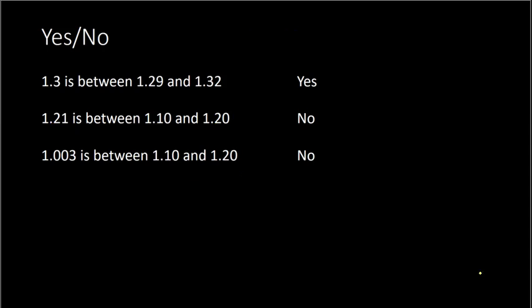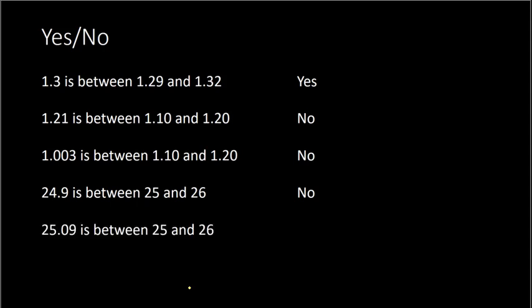Next, we're asked if 24.9 is between 25 and 26. 24 is not between 25 and 26, so the answer is no. If it was 25 point something, then the answer would be yes. Now this would be an answer to the next question, because we're asked, is 25.09 between 25 and 26? The answer is yes, and if you don't see that, you can break this whole number down into tenths, and then the tenths down to hundredths.